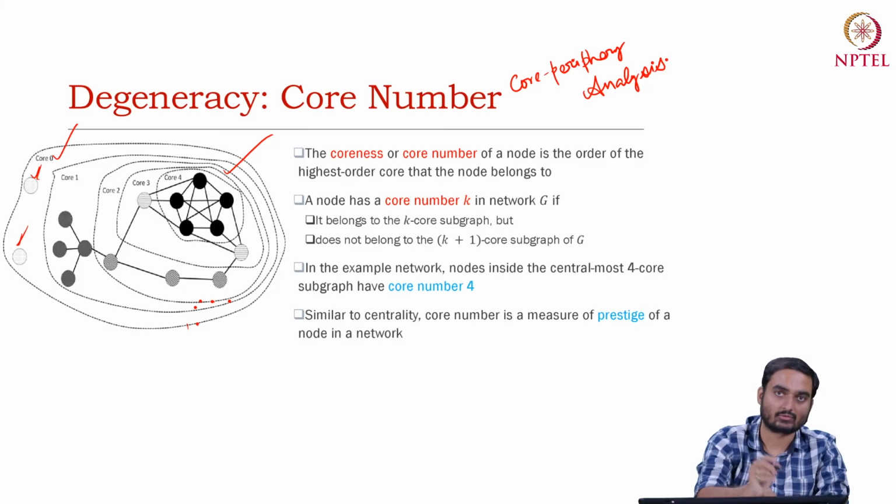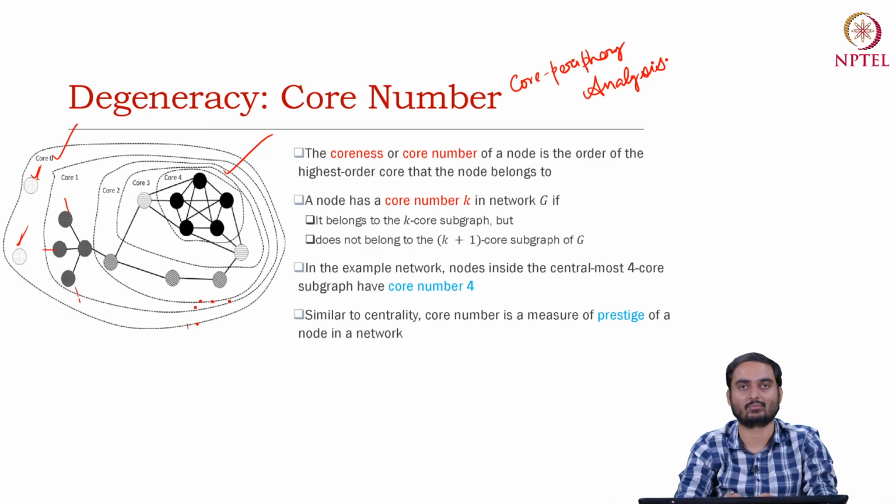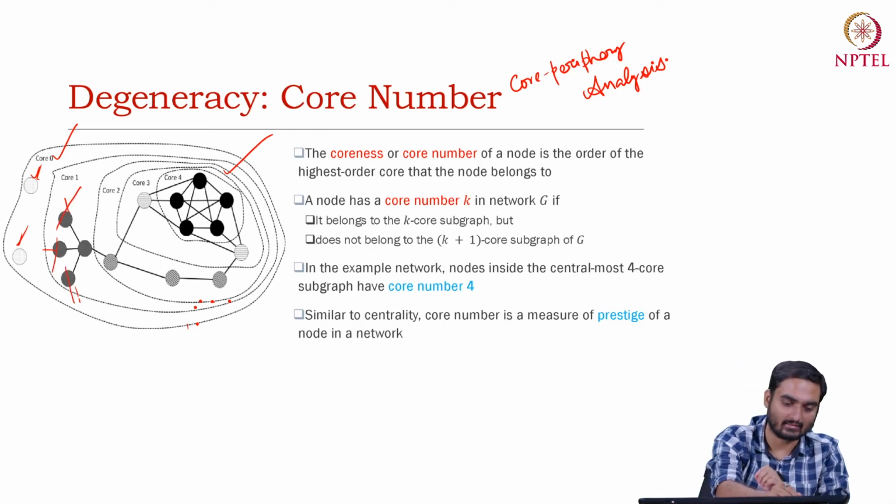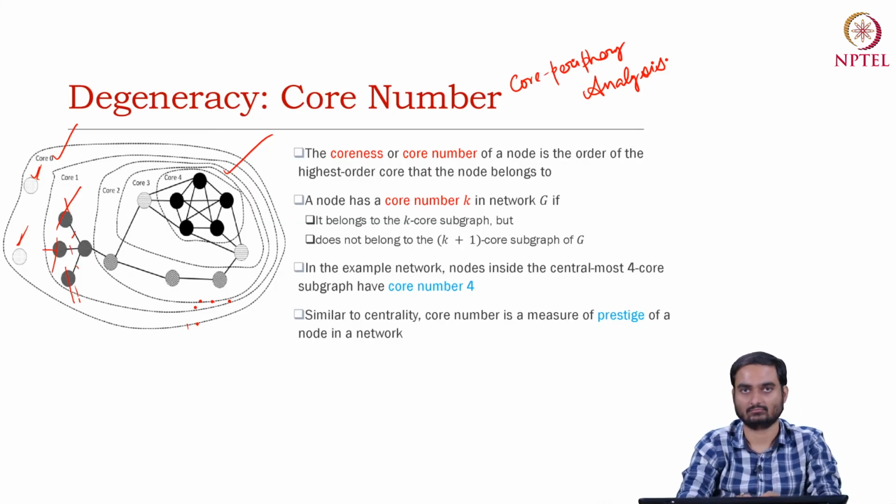Now you look at nodes with degree 1. So this node and this node will have degree 1. You remove them. So when you remove this and this, the associated edges will also be removed. After removing this, you will see that some other nodes will have degree 1.